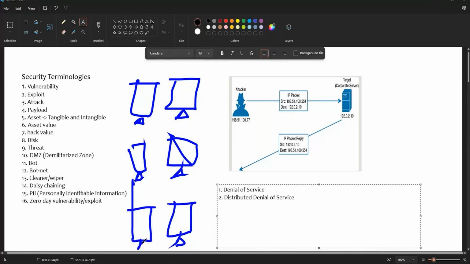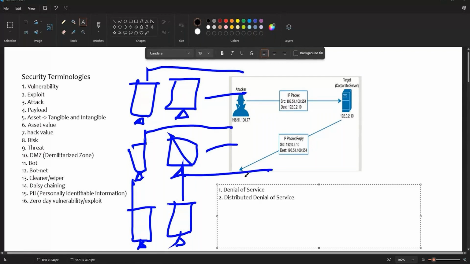Now, when attackers take access of these systems, from all of them they will send the data to the website or any network. So when I'm doing this to a single server or single target, this target will be down.